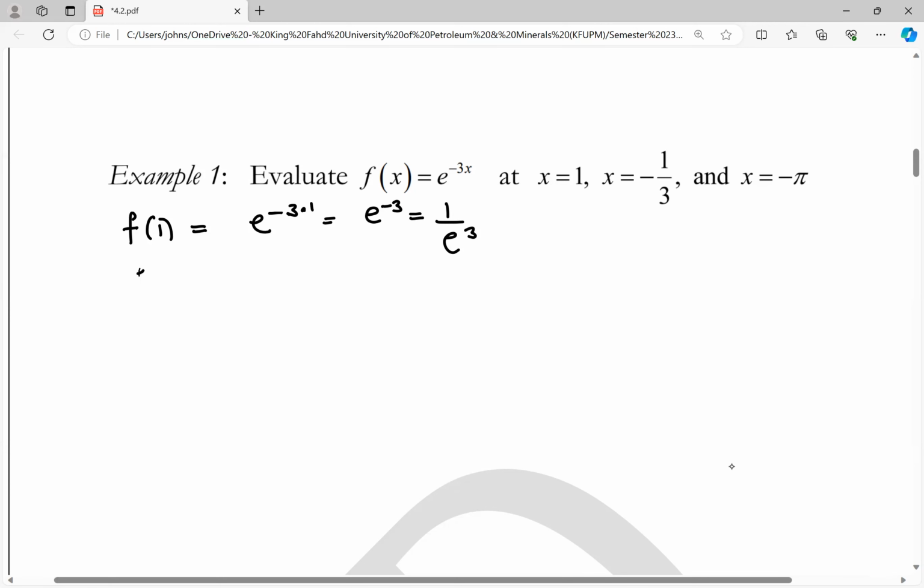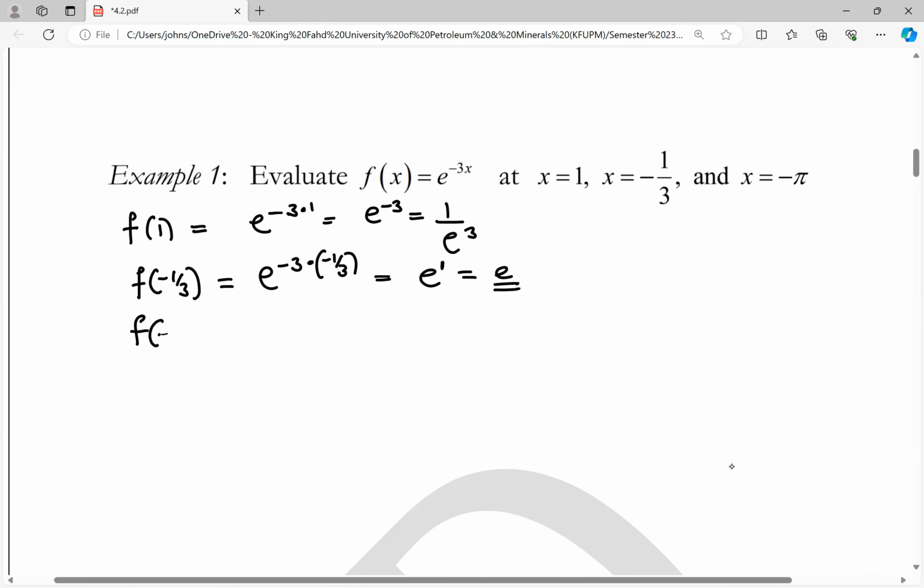And we can also have f of minus 1 over 3, which will simply be e to the power minus 3 times minus 1 over 3. And this is just going to be e. Minus will go with minus, 3 will go with 3. So this is e to the power 1, which is just e.